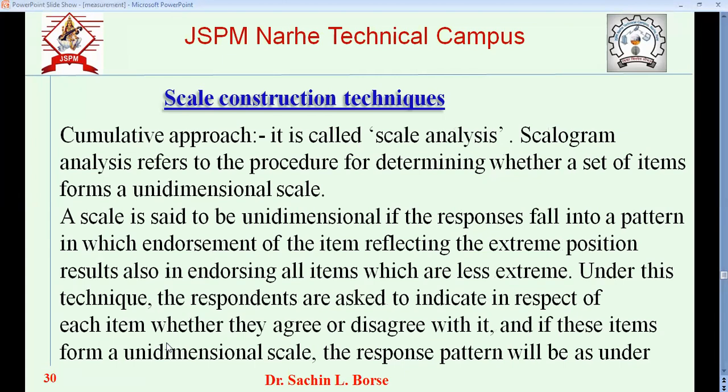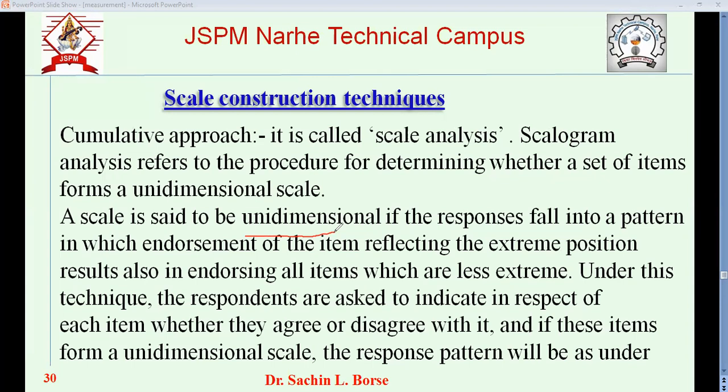It is also called scale analysis. Here there is one term called unidimensional. We can say the scale is unidimensional if the responses fall into a pattern in which the endorsement of the item reflecting the extreme position results in also endorsing all the items which are at less extreme positions.